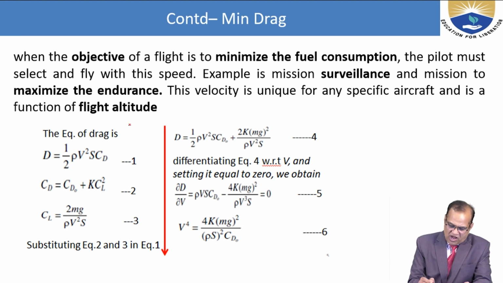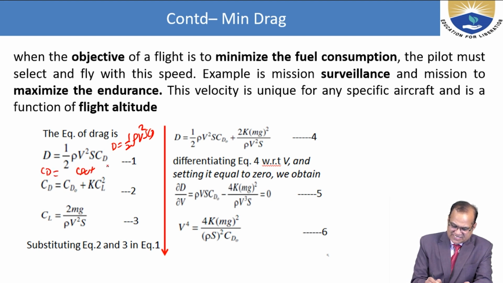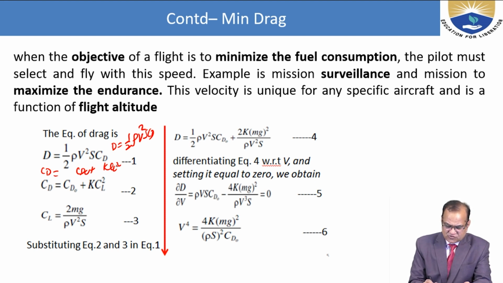Drag is equal to half rho V square S CD. But we know that CD is equal to CD naught plus K CL square, where CD naught is the zero lift drag and K CL square is the induced drag.